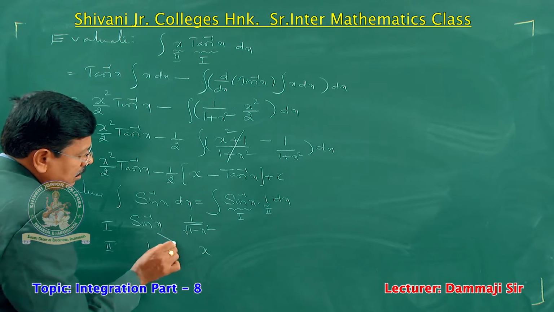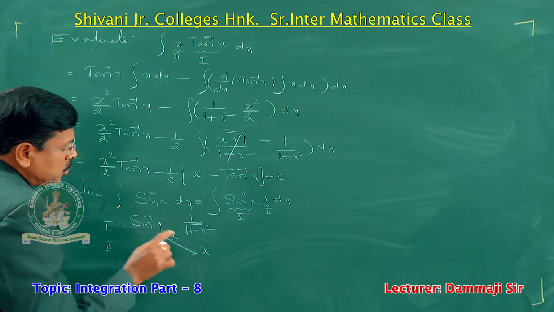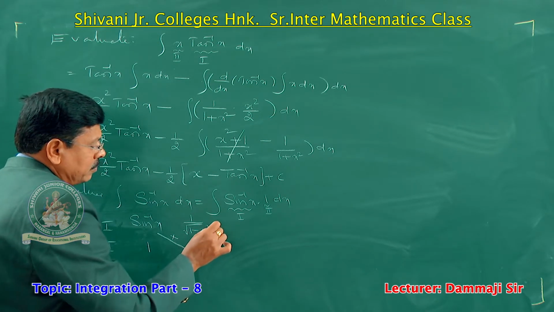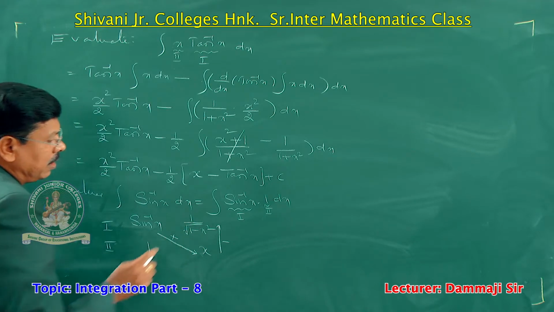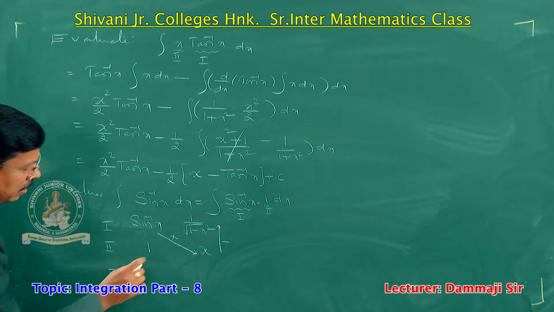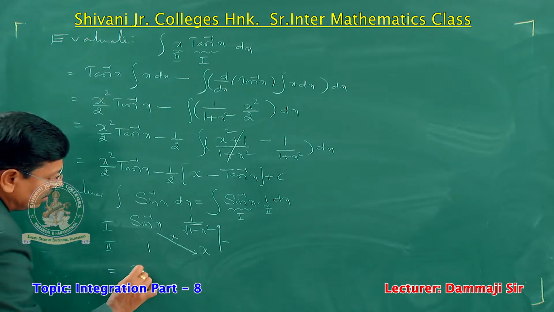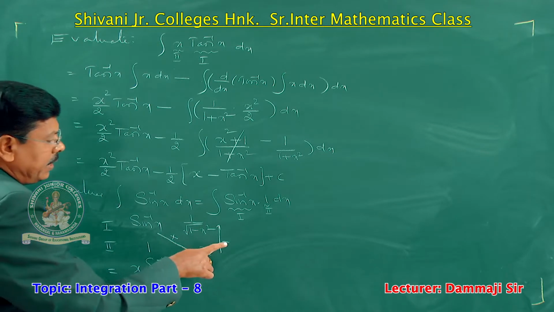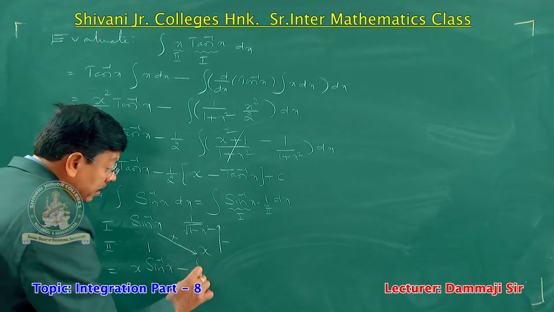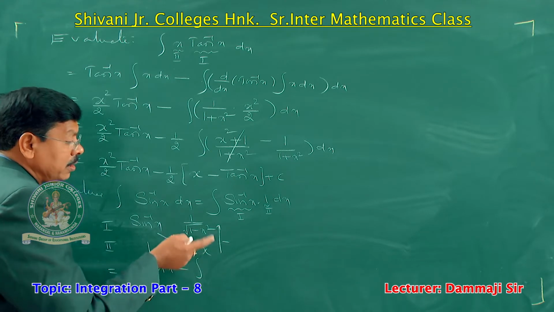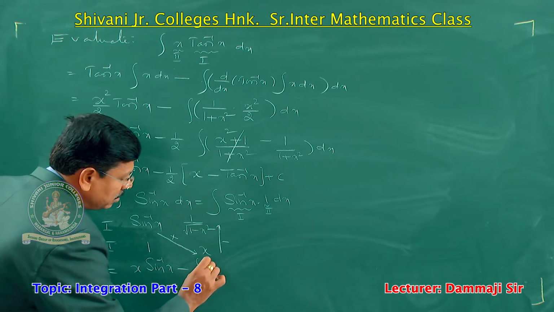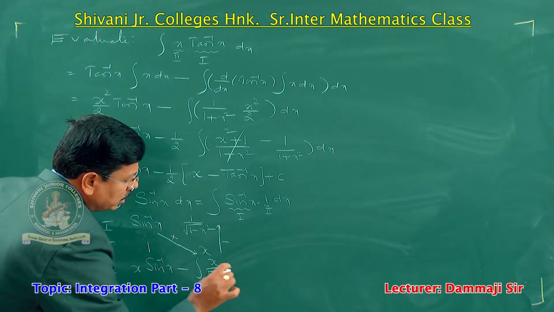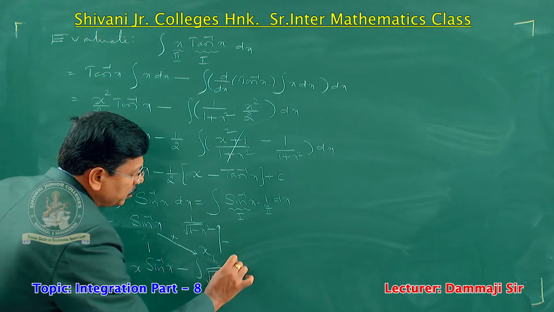See, you can observe that it's a product of these two functions, right? Next, minus the integral of the product of these two functions. Once again, the result is the product x sine inverse x, okay, finish, minus the integral we can write down: x by square root of 1 minus x square, like 1 into x dx.